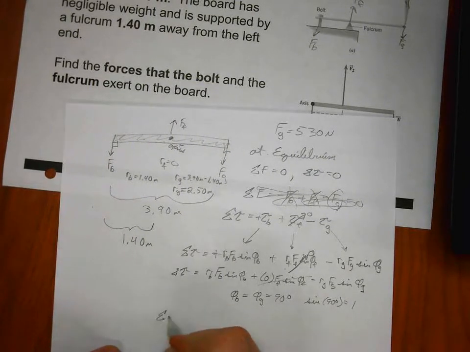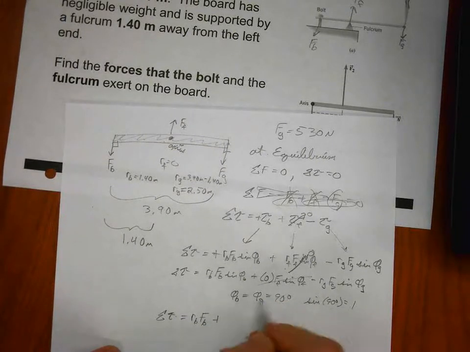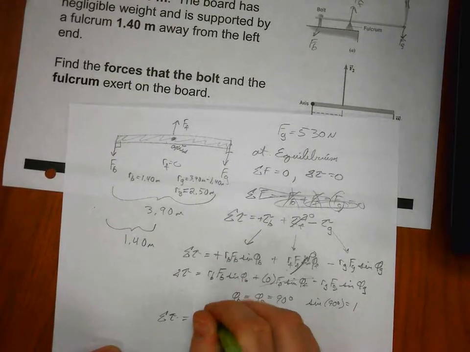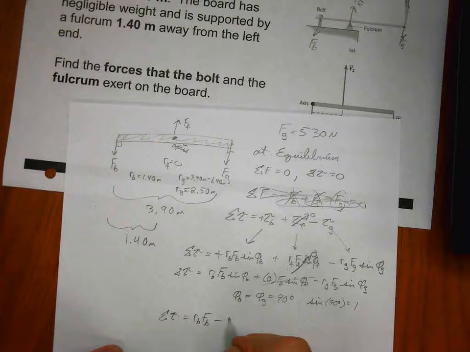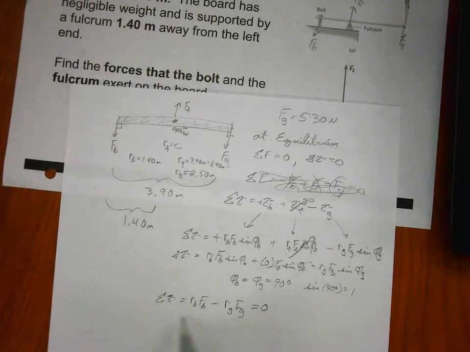So the sum of the torques is equal to R_B F_B times 1 plus 0 minus R_G F_G times 1, and all of that equals 0, remember, because we're at equilibrium. Well, we know what this force is, we know what the radii are, and we're solving for the force on the bolt.